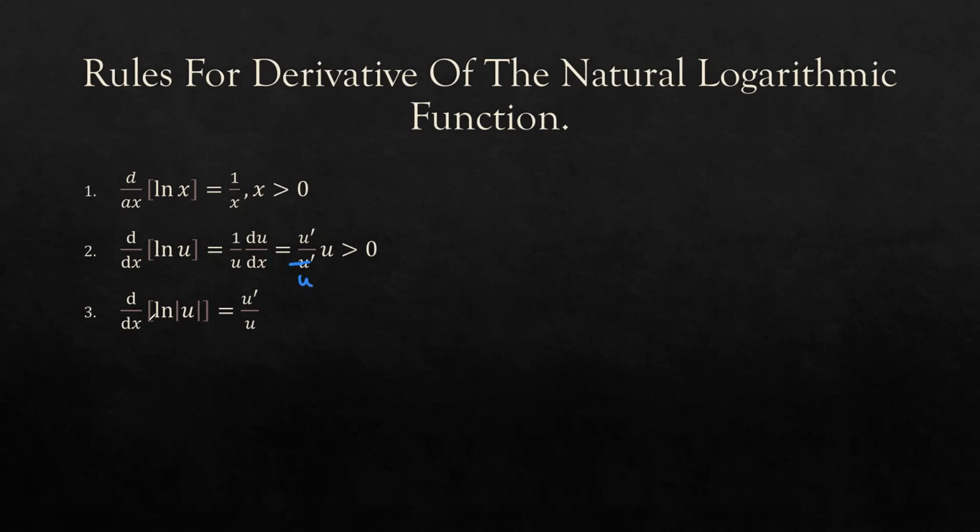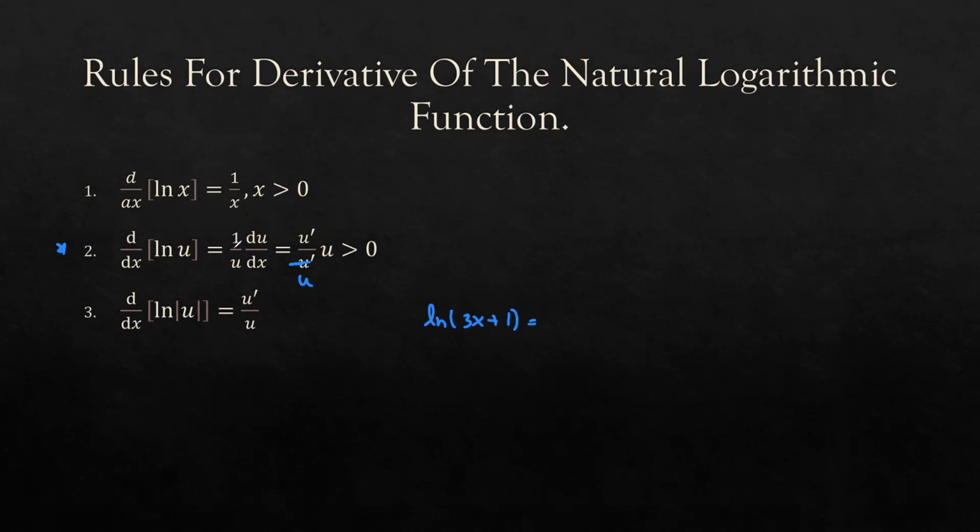And then, rule 2 is an example of ln of u where the u is not x. For example, let's say they wanted to find the derivative of ln of 3x plus 1. How do you take the derivative of this? It's not the same thing as rule 1.